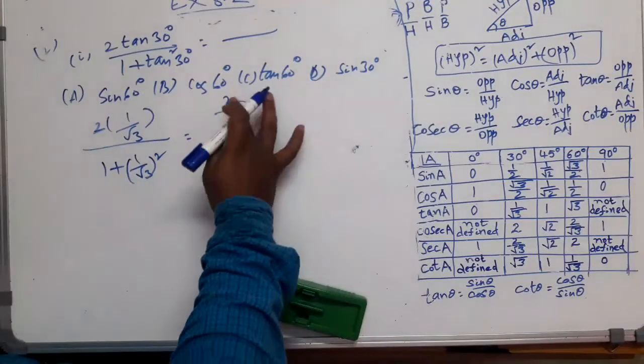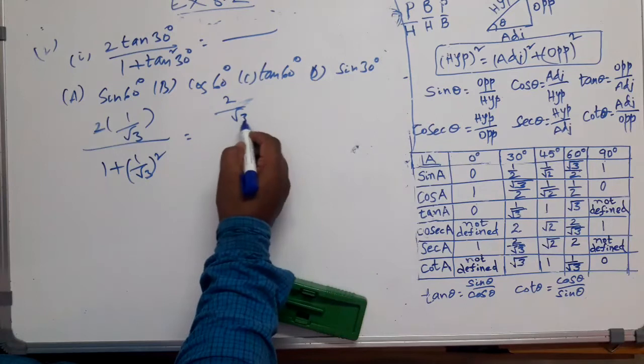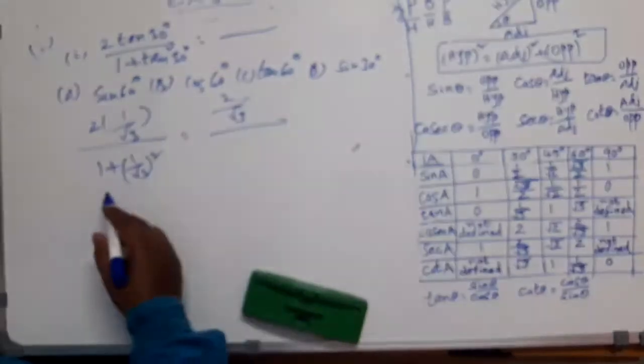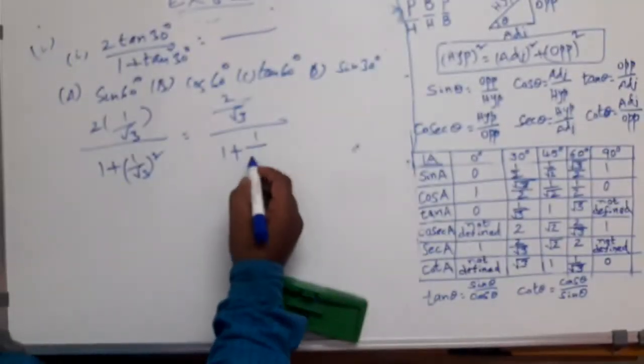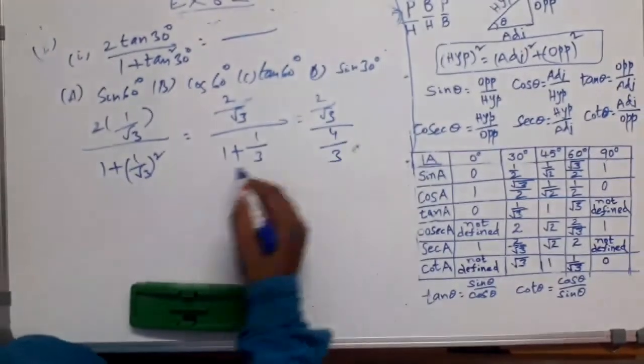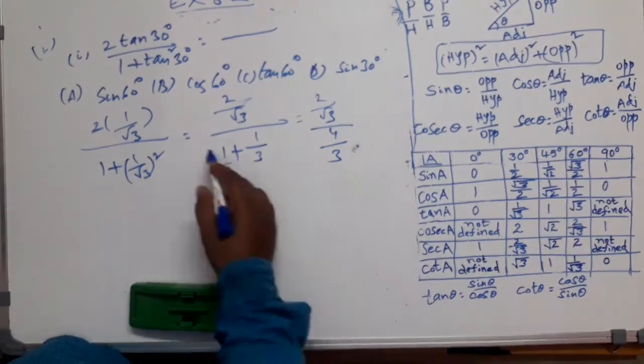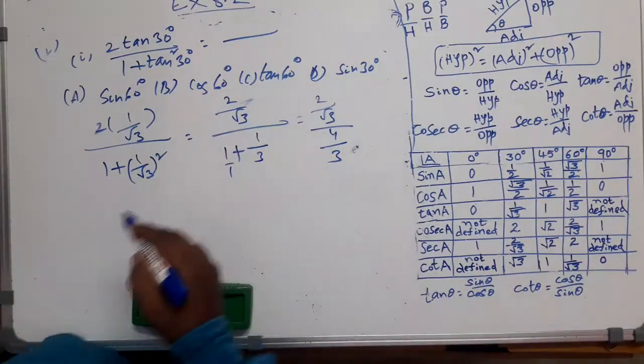This is 2 by root 3 upon 1 plus 1 square by root 3 whole square. 1 square is 1, root 3 whole square is 3. So this is 2 by root 3 upon 4 by 3, right? And this LCM is 3. This is 3, this is 1, 3 plus 1 is 4, right?